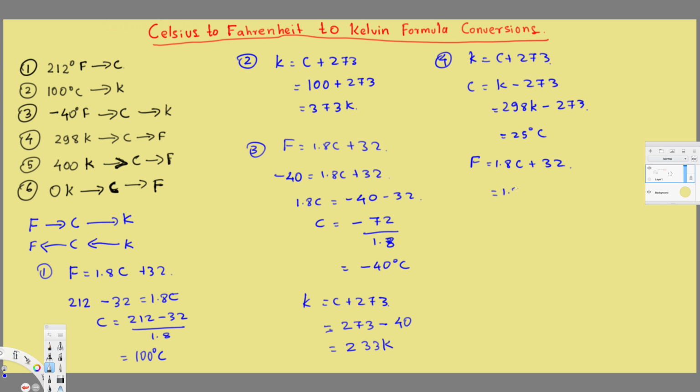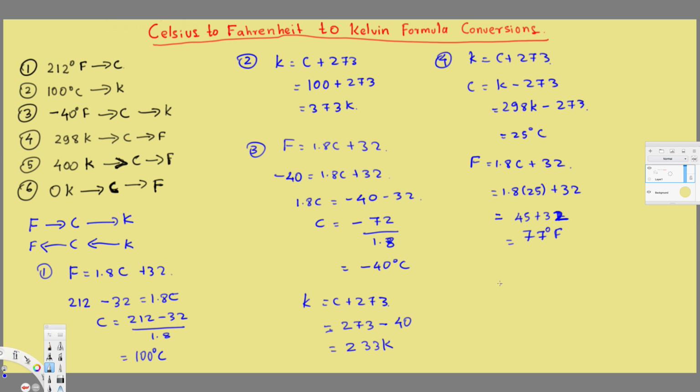And here 1.8 times 25 plus 32, and if you calculate this value, this one comes out to be 45 plus 32, and this gives us 77 degrees Fahrenheit, right? So now we have converted this Celsius into Fahrenheit, and that's all it is.